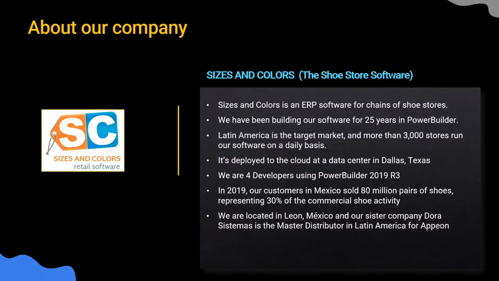It's deployed to the cloud at a data center in Dallas, Texas, and we are 4 developers using PowerBuilder 2019 R3. In 2019, our customers in Mexico sold 80 million pairs of shoes, representing 30% of the commercial shoe activity. We are located in León, Mexico, and our sister company, Dora Sistemas, is the master distributor in Latin America for Appian.